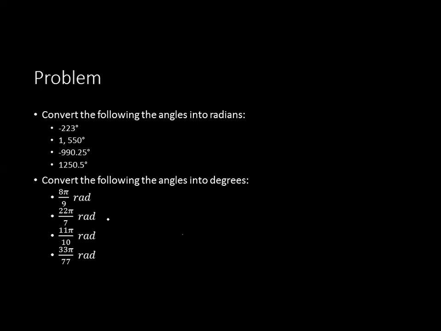Anyways, let's now proceed. So here we'll be answering questions that are related to coterminal angles. Find the coterminal angles of 36 degrees between negative 720 degrees and 1080 degrees. So last time, I think I told you how to find the coterminal angles. Just simply add or subtract 360 degrees.